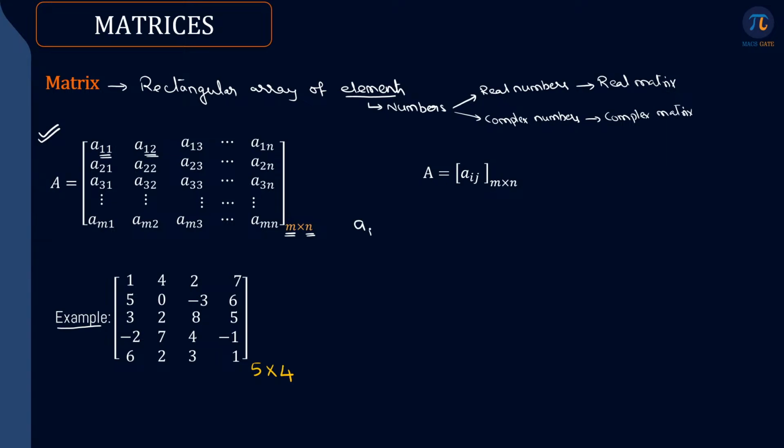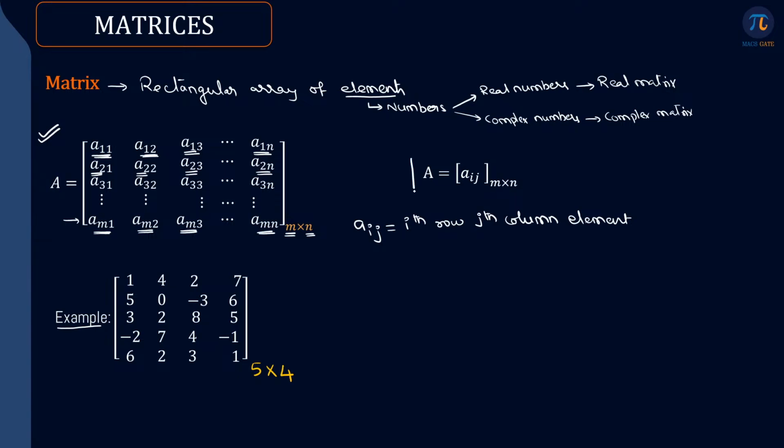Here Aij represents the ith row and jth column element. So this is first row, first column; first row and second column; first row and third column; and first row and nth column. Similarly, second row, first column, second row, second column, second row, third column, and second row, nth column. Now this is mth row and first column, mth row, second column, mth row, third column, and mth row, nth column.